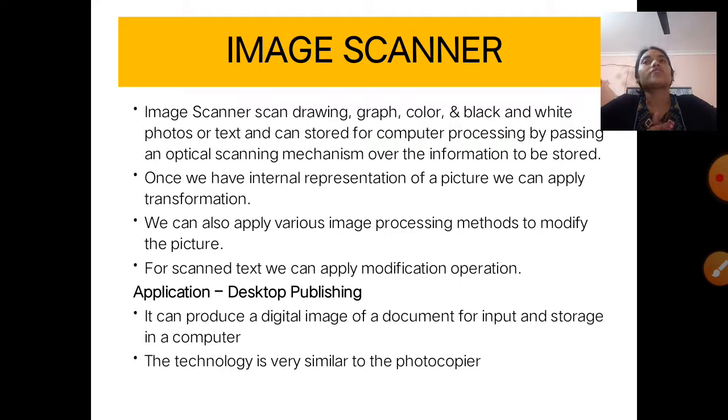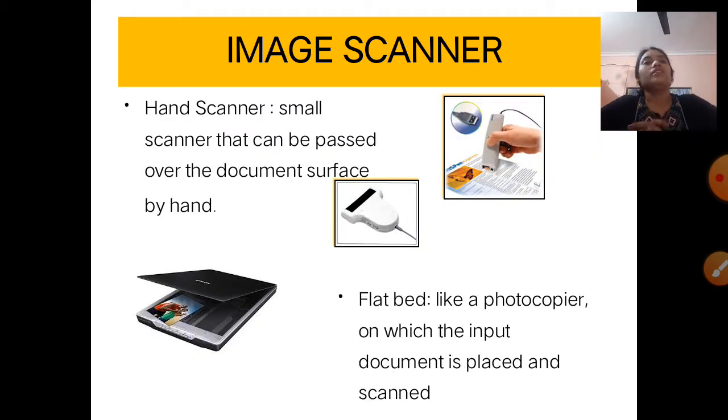Where the scanner is used. In desktop publishing, scanner is used. It can produce digital image of a document for input and storage in a computer. The technology is very similar to the photocopier or Xerox. Next, types of scanner. Hand scanner, another one is flatbed scanner.